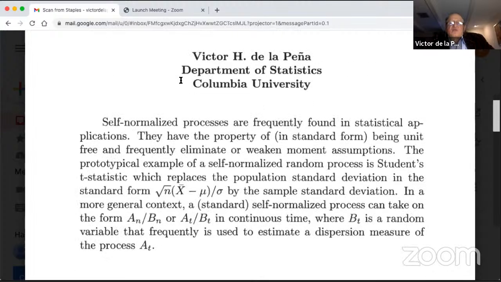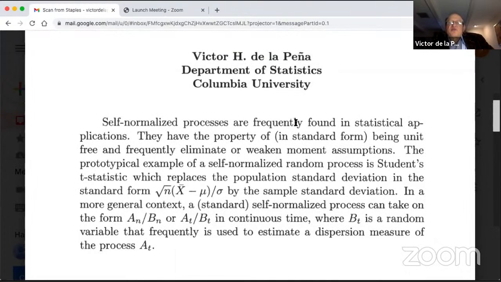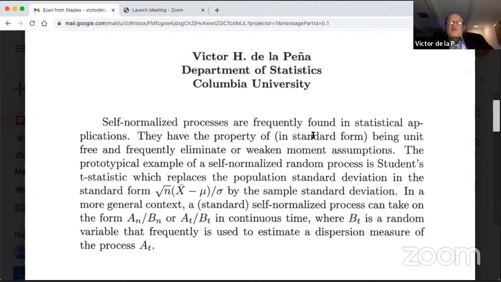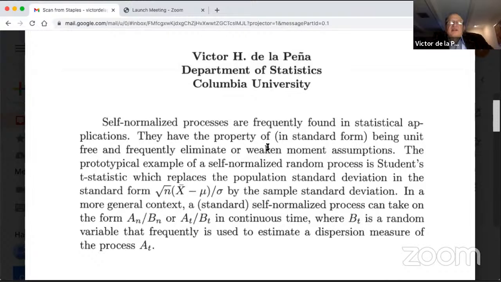Now, where did self-normalization come from? These are processes that are frequently found in statistical applications. They have the property of being unit-free and frequently eliminate or weaken moment assumptions.